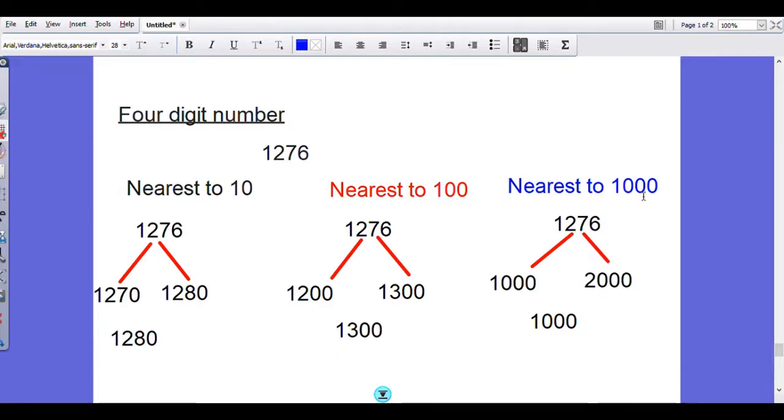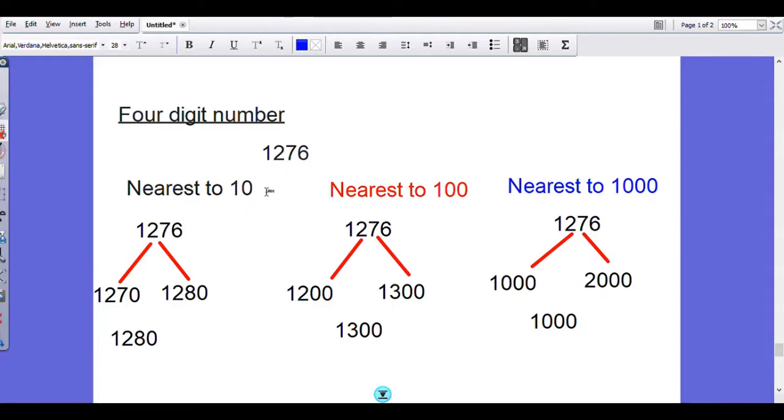If you round to the nearest 100 and solve, there's no need to worry that your answer is wrong, because if it is not given, it's up to you whether to round to the nearest 10, 100 or 1000.